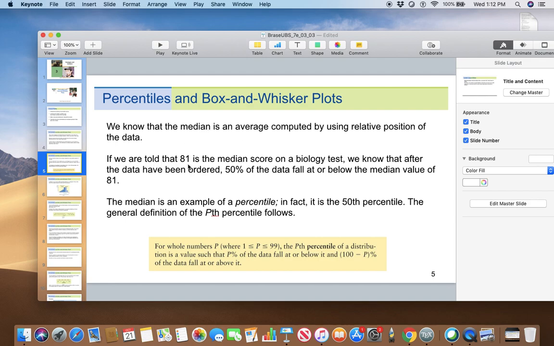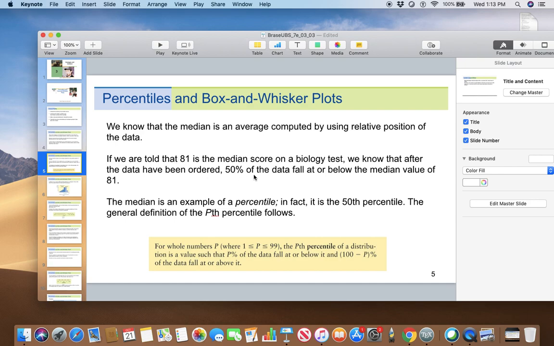If we are told that 81 is the median score on a biology test, so suppose you took an exam in biology and your teacher said 81 is the median, and suppose you scored 81. What that means is 50% of the students were below you and 50% above you.